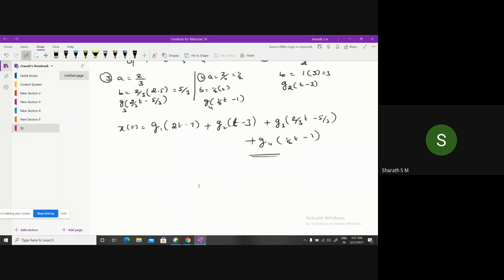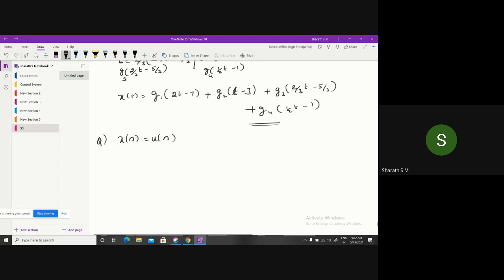Find the odd and even part for x of n is equal to u of n.